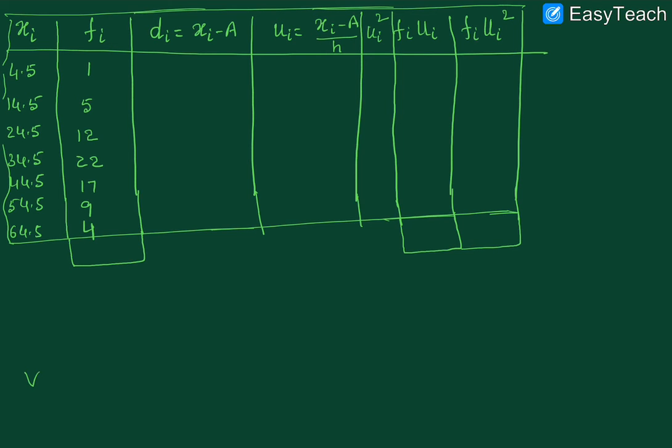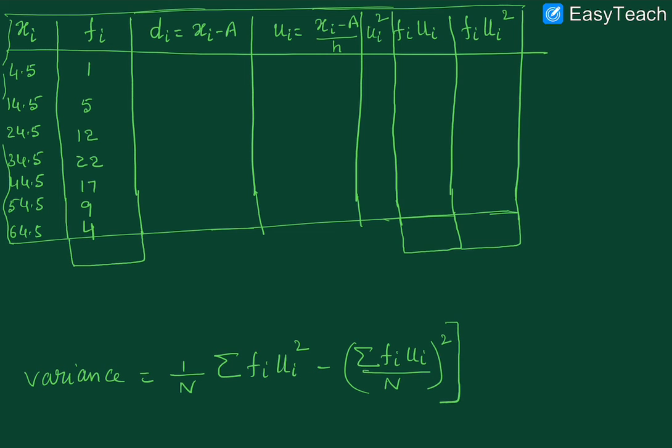We know the formula: variance is equal to 1 by n into sigma fi ui square minus (sigma fi ui divided by n) whole square. This total value we have to multiply with h square, because you see the difference in the class here is 10, here also 10, here also 10. So that is the reason we are taking h also here, right?